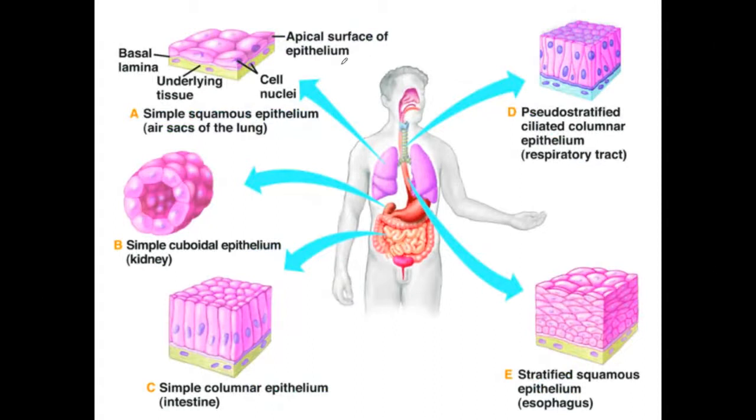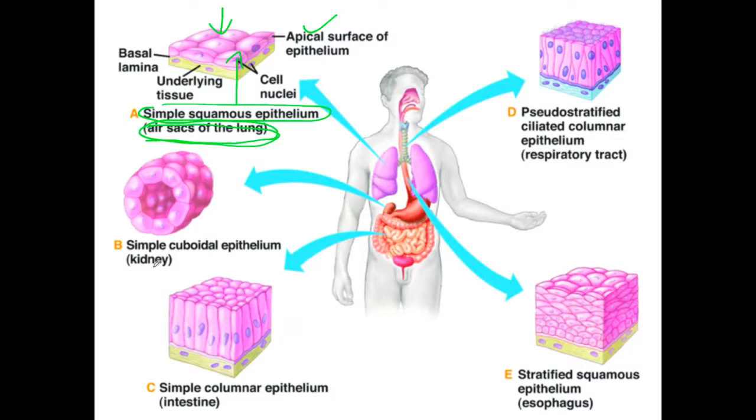Now, where we're going to find some of these, well, simple squamous, which is one cell layer thick at the apical surface, this is great for diffusion, right? So we can have oxygen going this way, CO2 going the other way. We're going to find them in the alveoli of the lungs, which is really the air sacs of the lungs.